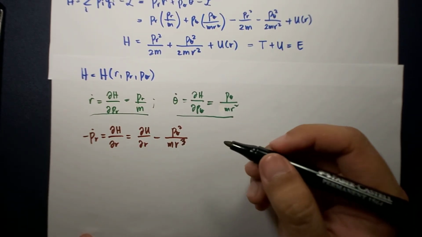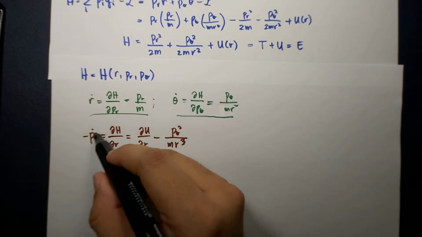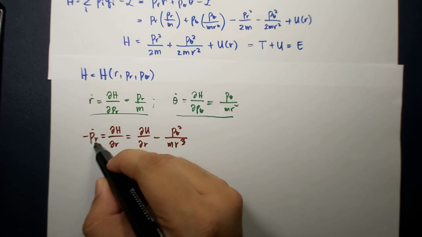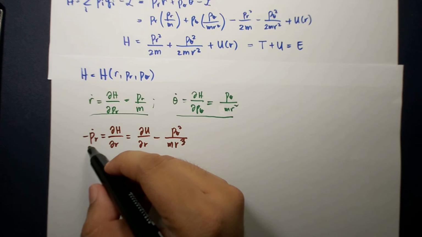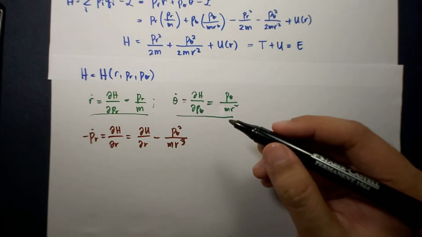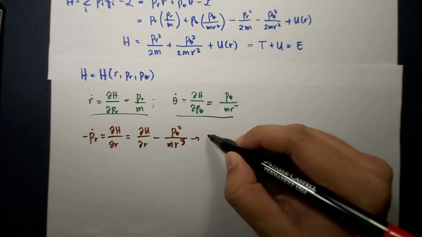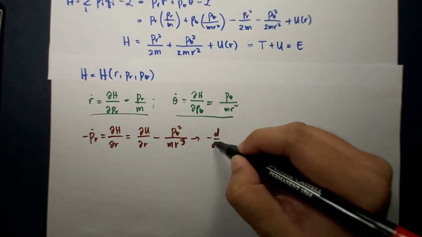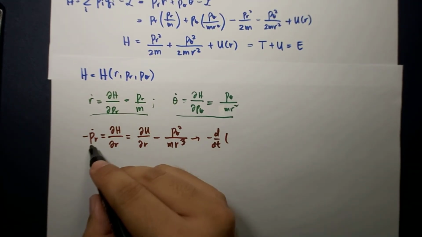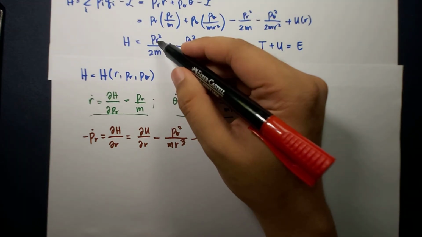Okay. Now simplifying this, remember this one is negative derivative with respect to time of PR, which is, what is PR?